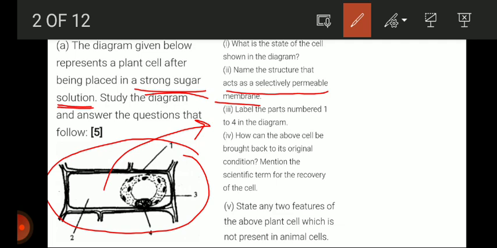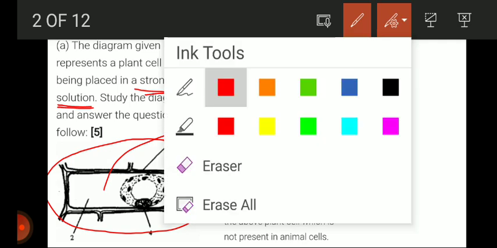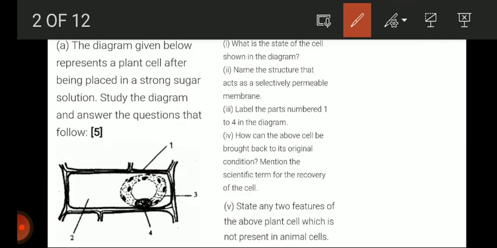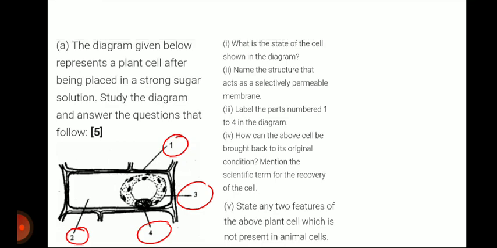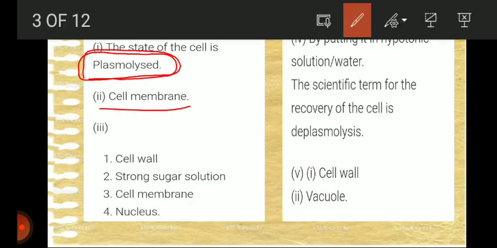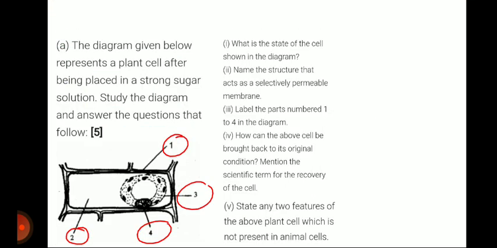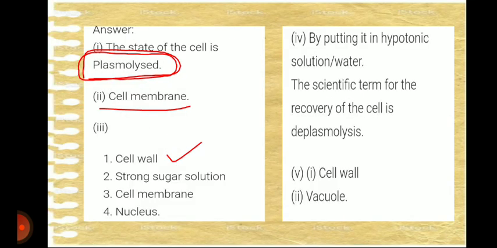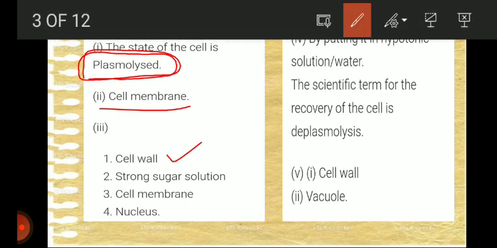Third question is, you have to label the parts which are numbered from 1 to 4. See, in the diagram, numbering is there, right? 1, 2, 3, 4. These 4 labelings are there. So let's see. Now, first one is the cell wall. Second one is, of course, the strong sugar solution.